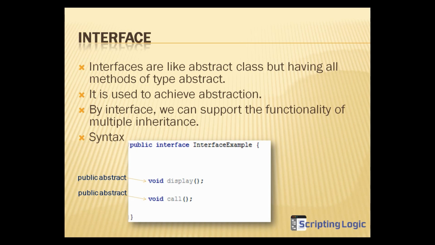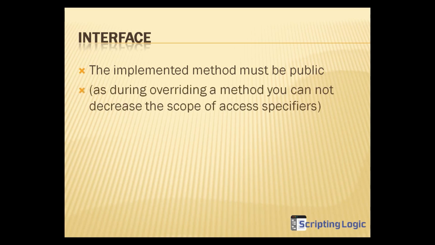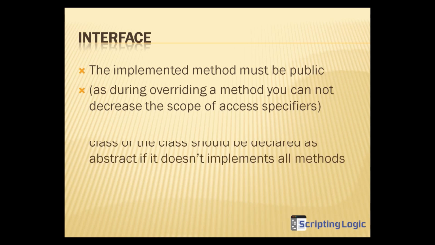I can also define data members, but as and when I define int a is equal to 10, it becomes public, static and final, right? So the implemented method must be public, as during overriding a method you cannot decrease the scope of the access specifier.